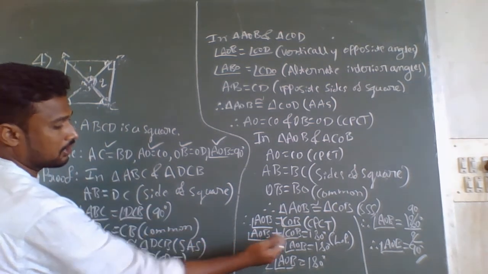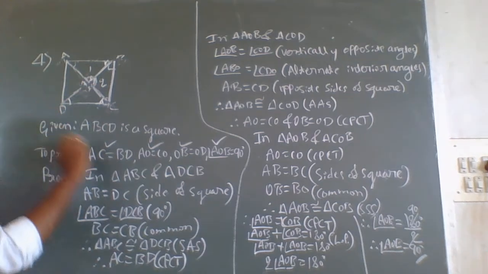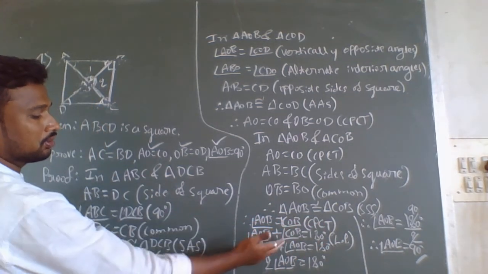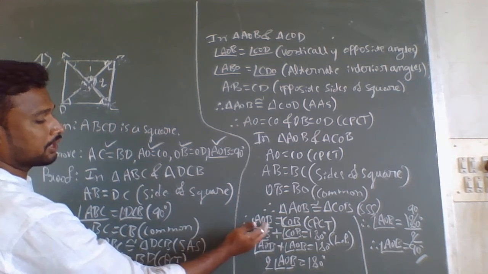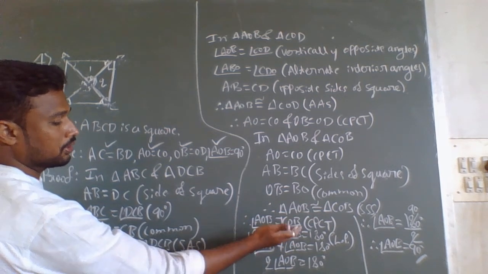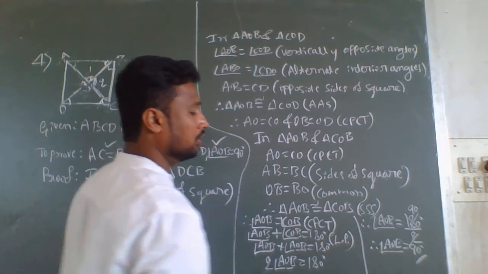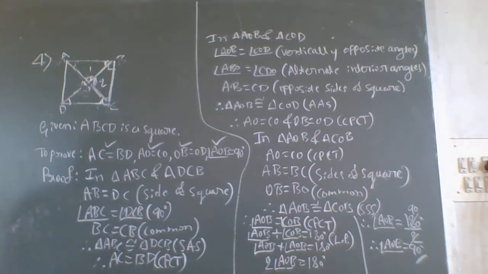Therefore, if you add these two angles AOB plus COB, what should you get? 180 degrees because of linear pair. Therefore, in the place of COB we can write AOB because we know that AOB is equal to COB. So we proved by calculating that angle AOB is 90 degrees. Hence the last one is proved. What is that? Diagonals of a square bisect each other at right angle.